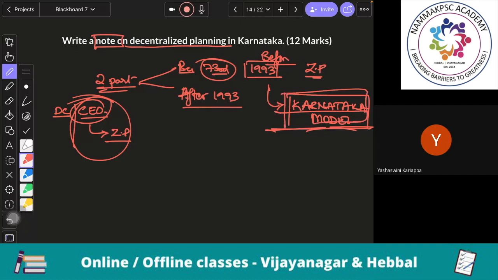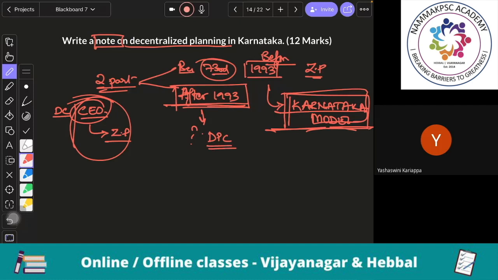Then you will write about what was done after 1993, after the enactment of the Karnataka Panchayati Act in 1993. Here, as per the law itself, as per the 73rd Amendment itself, we had to create a district planning committee. Actually speaking, the district planning committee was a little bit weak compared to what was there earlier. But the DPC has been brought in by constitutional prerogative.